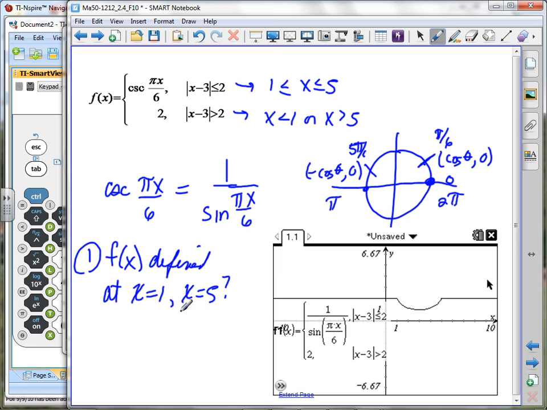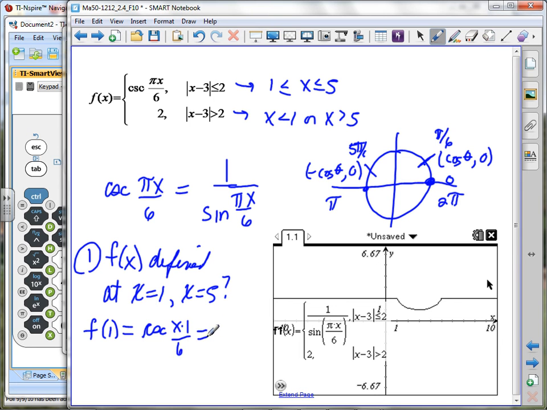Is it defined there? Well, what is f of 1? Which piece of the function are we allowed to look at for 1? The cosecant piece or the horizontal line piece? The only place that 1's included is up here. So this would be cosecant of pi x times 1 divided by 6.